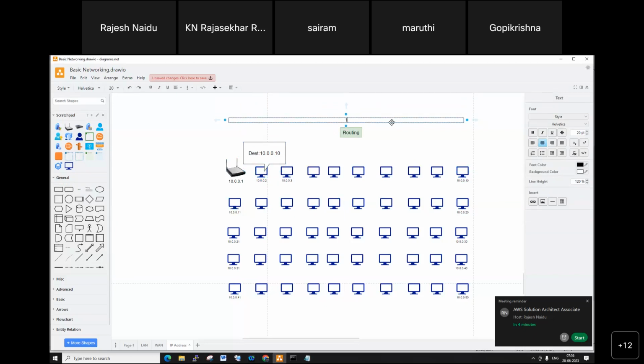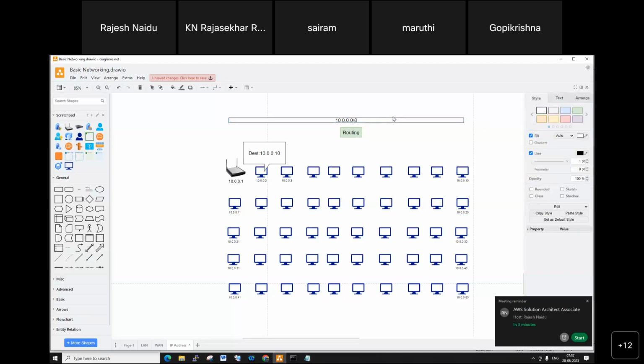Suppose the network is 10.0.0.0 slash. So now I'm keeping it here, the network.